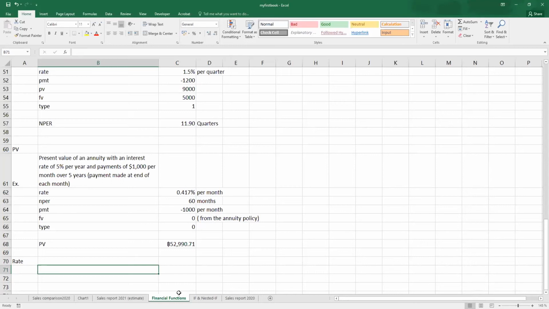If you pay monthly, the rate will be a monthly rate. If you pay quarterly, the rate will be a quarterly rate.